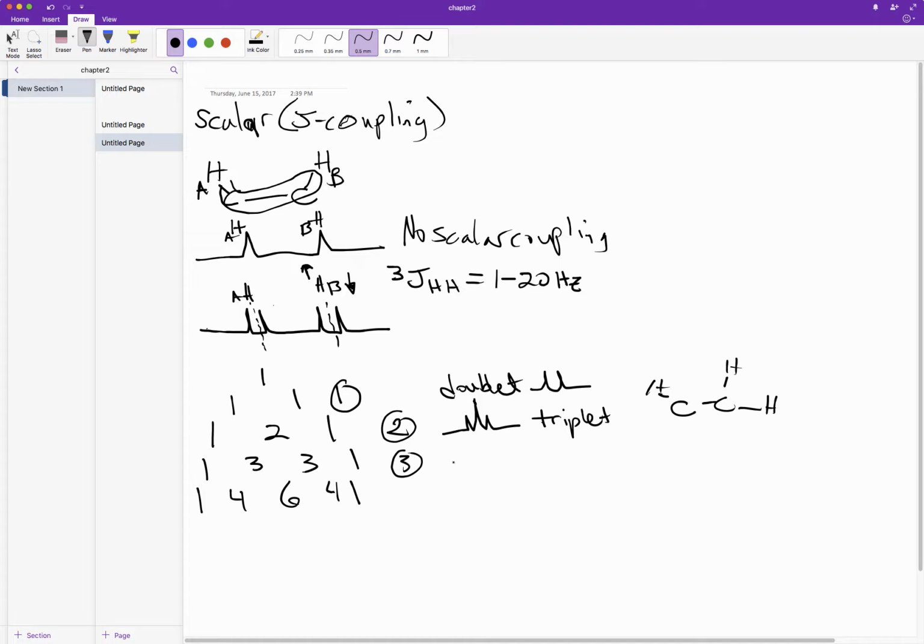So when you have 3 nearest neighbors, then you're going to get what's called a quartet, where it's a little guy, then 3 times bigger, and then 3 times bigger than a little guy. And so this is a quartet. So something in this situation where you have C, H, H, and H is a methyl group. And this would be the C, H, C, H situation.